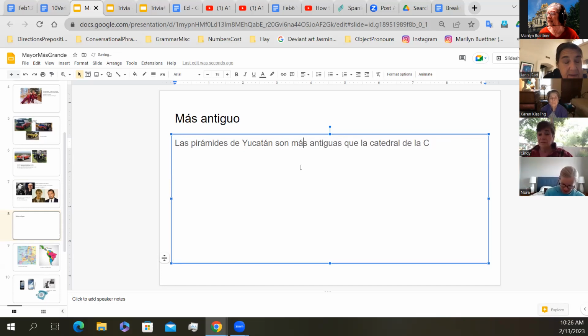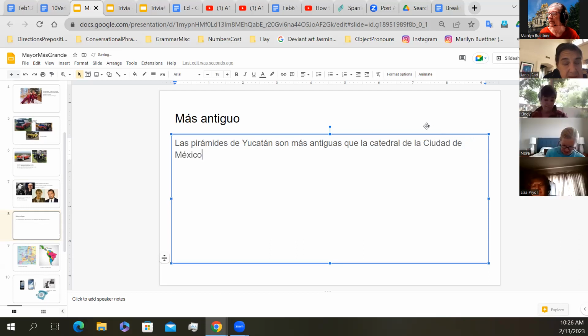Perdón. I got my hands on the wrong keys here. Las pirámides de Yucatán son más antiguas que la catedral de la Ciudad de México. The pyramids in Yucatan are older than the Cathedral of Mexico City. Okay. Here we're talking about a thing. And we're actually talking about how long ago this thing was built, right? Essentially, what really is older.